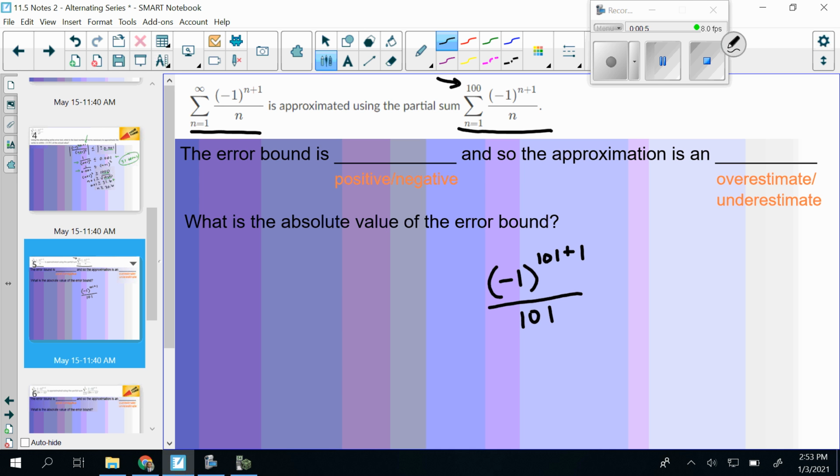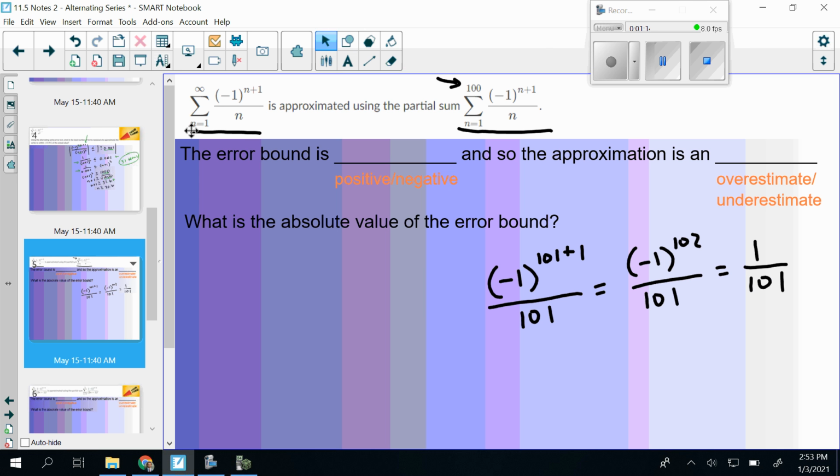If we simplify that, that's going to end up being (-1) to the 102nd over 101. A negative number to an even power is going to equal +1. And so this should be 1 over 101, which is going to come out to be a positive number.